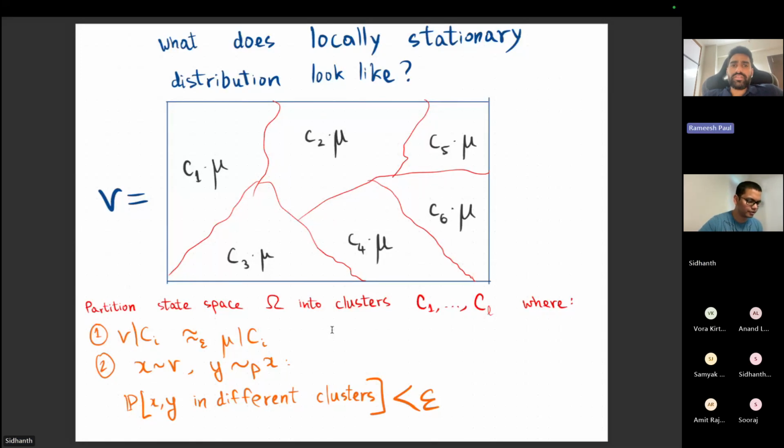So Siddhant, this distribution being a locally stationary distribution doesn't depend upon the distance function that you're choosing, the TV distance or chi-square, does it? I guess this intuitive picture that I gave does not depend on that. You're right.